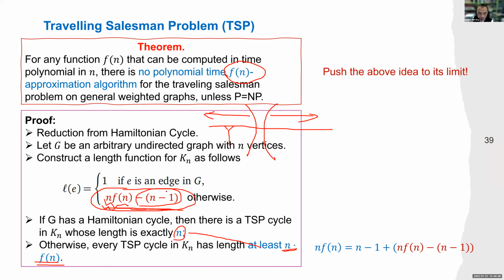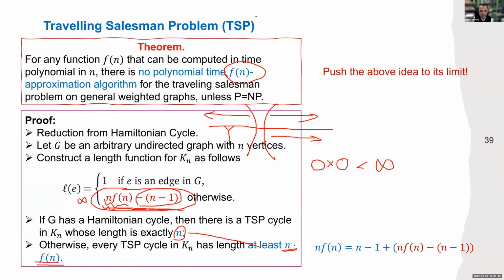All right. So, you can actually set this to infinity as we explained in the very beginning. If you set those edges which do not exist in the original graph to be infinity, then your TSP will be infinity if you don't have a Hamiltonian cycle, and will be a finite number if you have one. And then no matter what function you multiply on this, it will always be less than or equal to infinity.